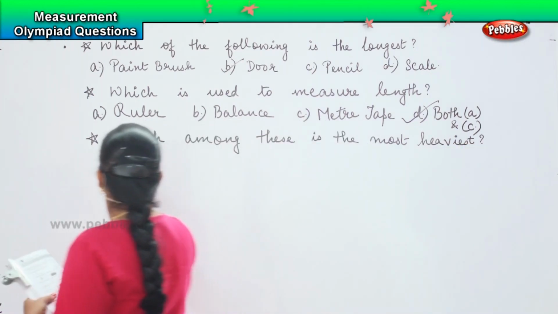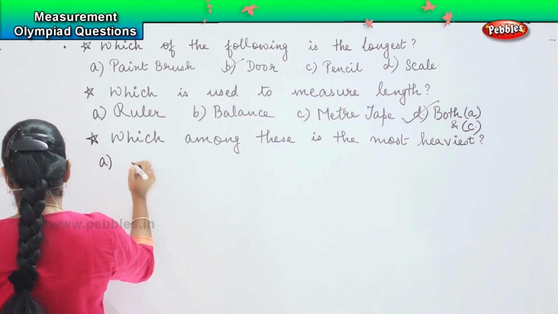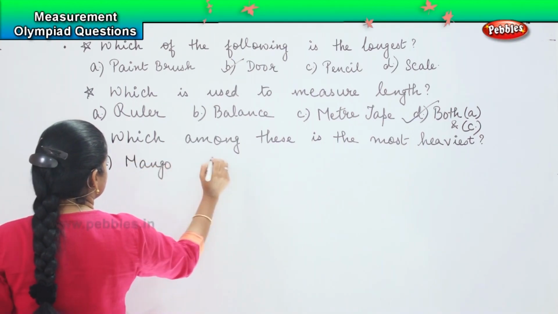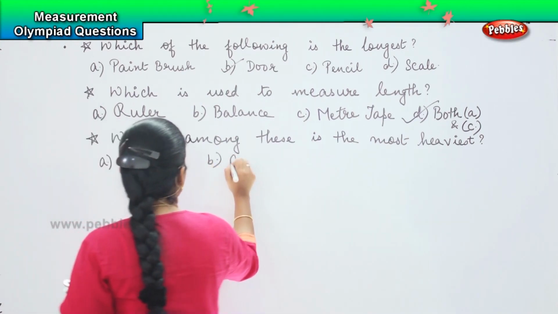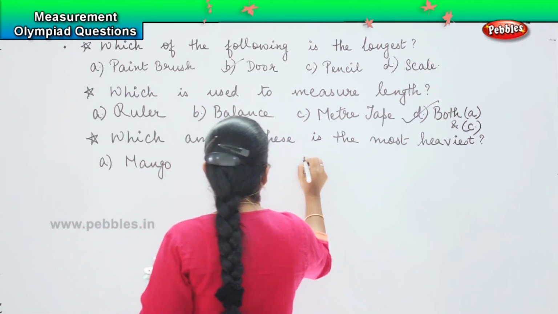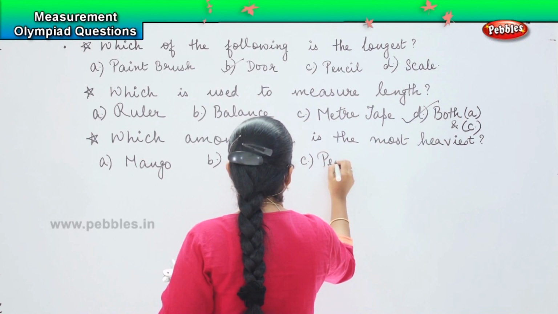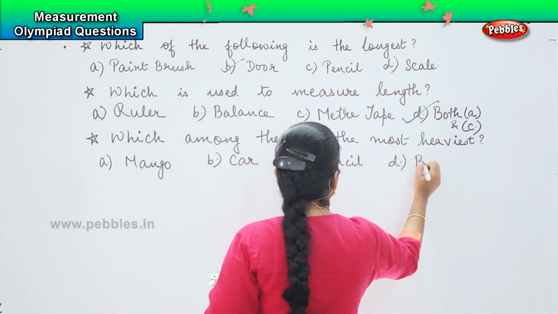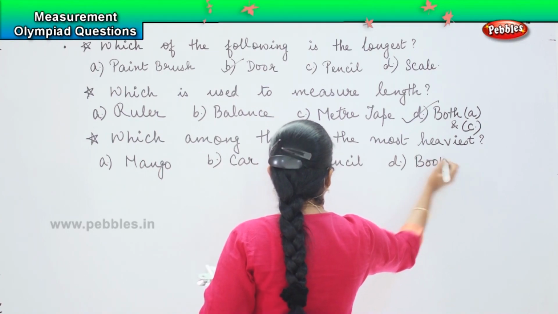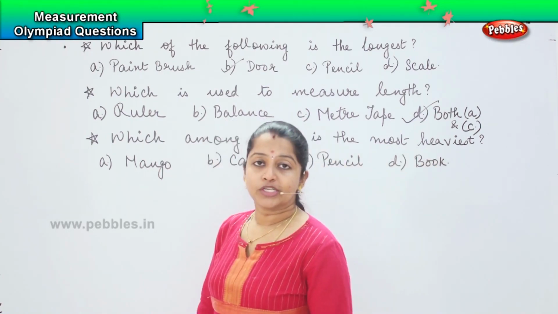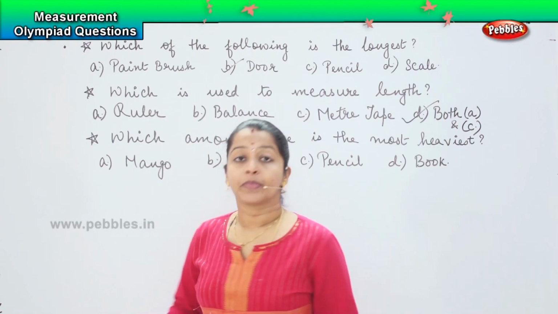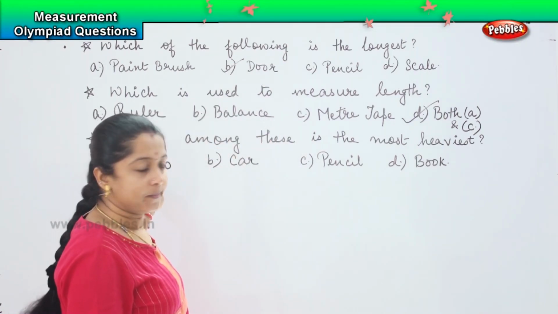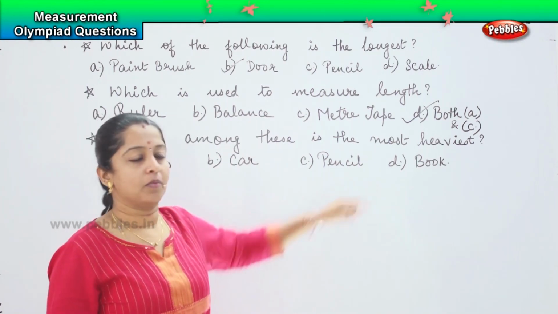Okay, and your options are A, mango, B, car, C, pencil, D, book. So now you need to tell me which among them weighs the heaviest. So mango, car, pencil or book.